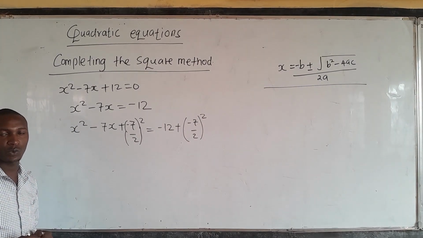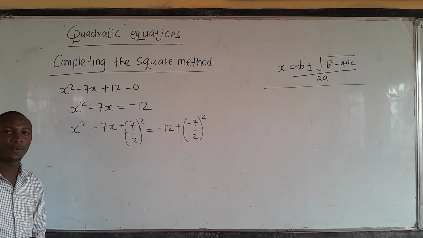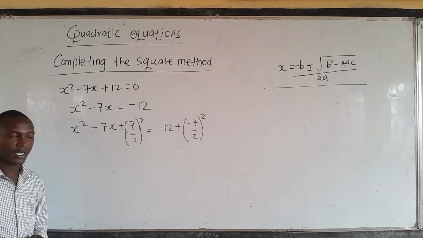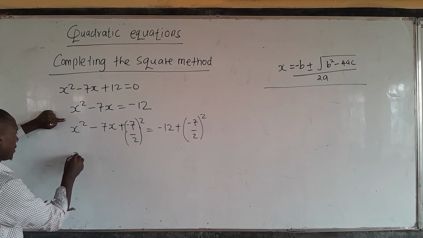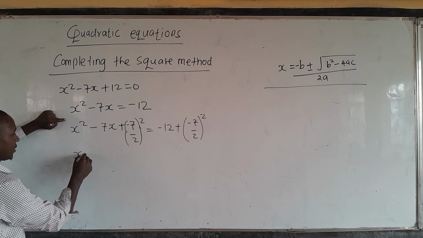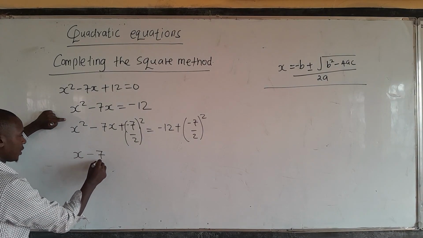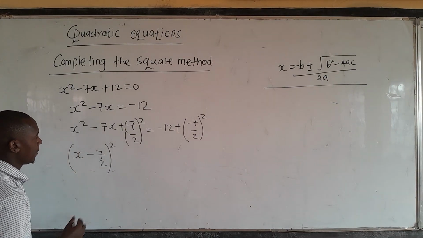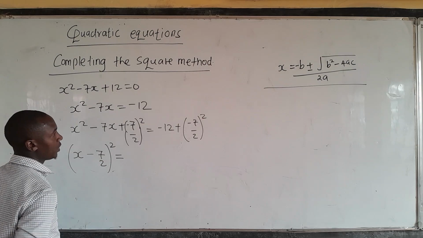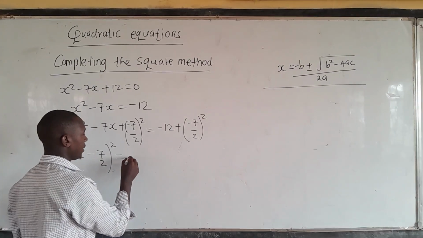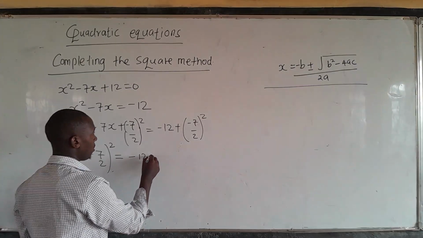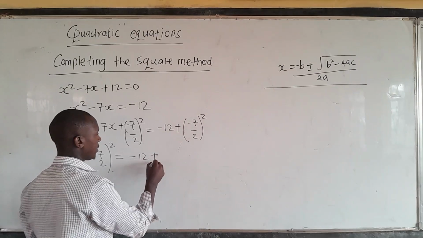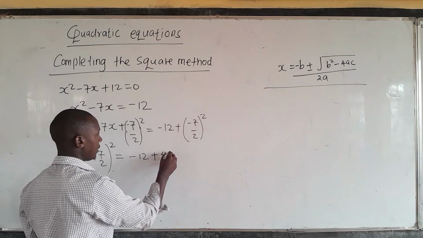If we simplify that, on the left hand side we are going to have what we call a perfect square. For a perfect square, to factorize it, it is going to be like this: x minus 7 over 2, squared, which equals, on the right hand side, negative 12 plus 49 over 4.